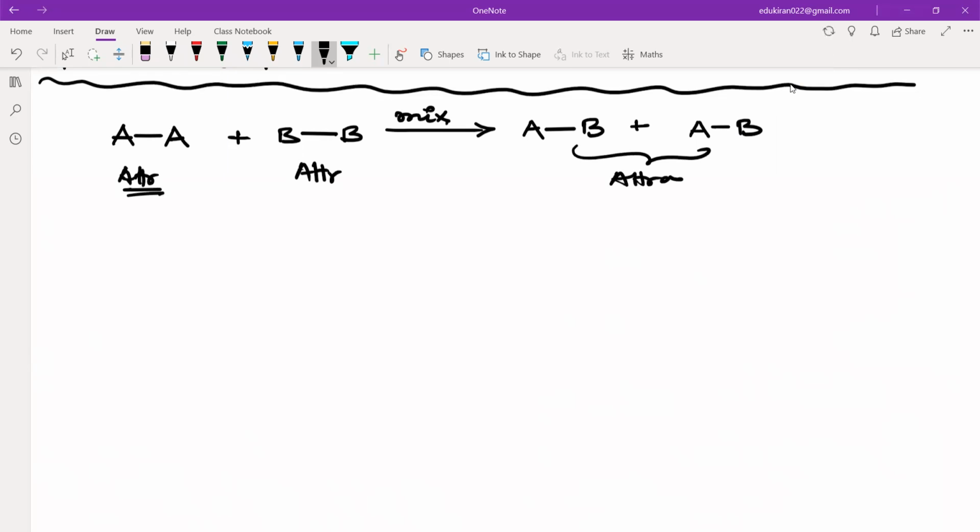Now see, if the attraction before is equal to the attraction after, let us say there can be only two cases: attraction before equal to attraction after, or unequal. Let us see what the case is if the attraction before is equal to the attraction after.